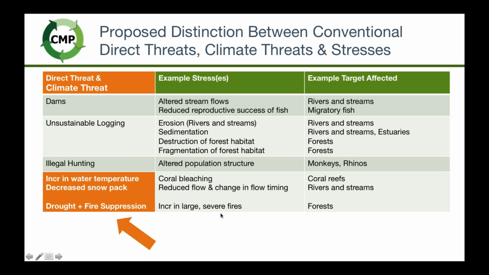And for forests that are facing an increase in large severe fires, we could treat drought, which is a climate stress, as well as fire suppression, which is a more traditional direct threat. We could treat both of those as direct threats.